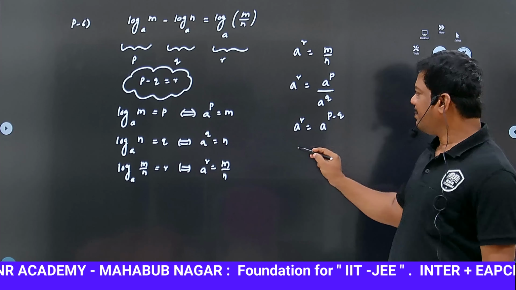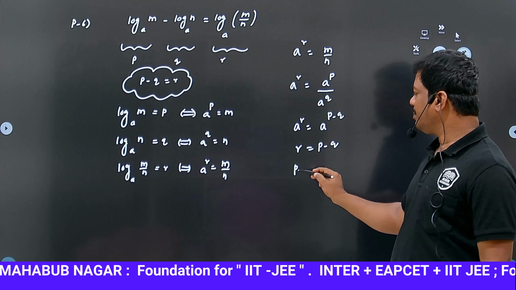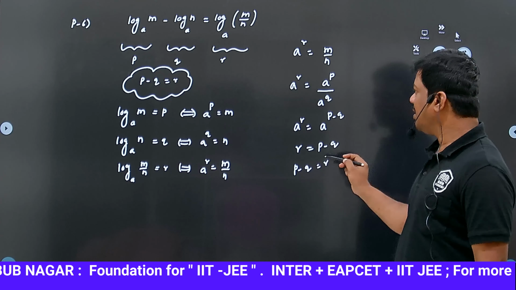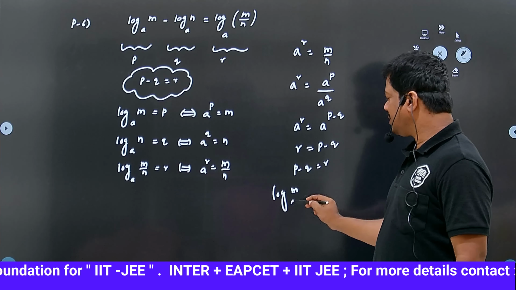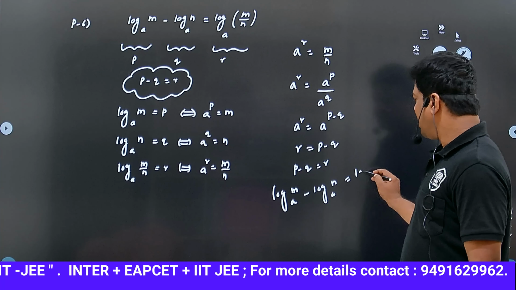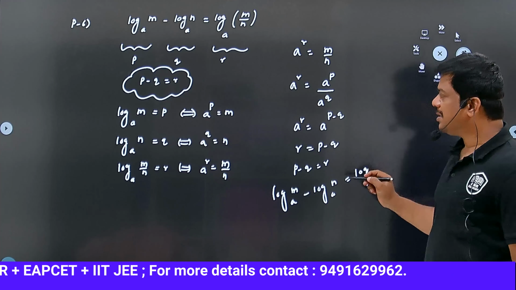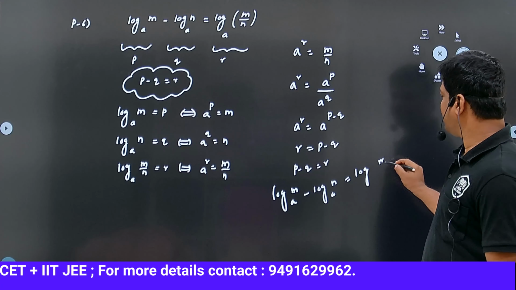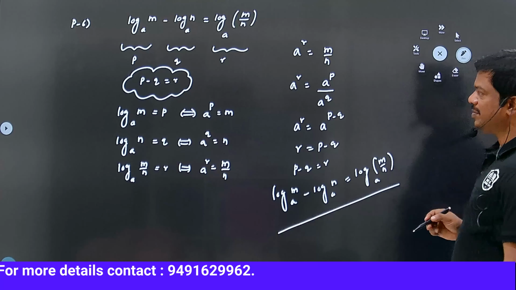Due to same base, r equals p minus q. p is log m to the base a, q is log n to the base a, and r is log m by n to the base a. So this is the proof.